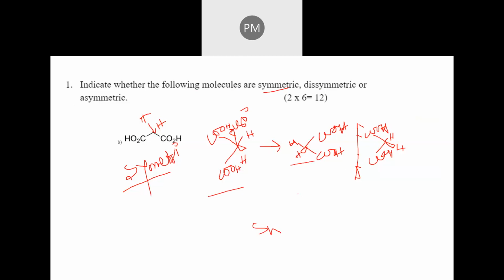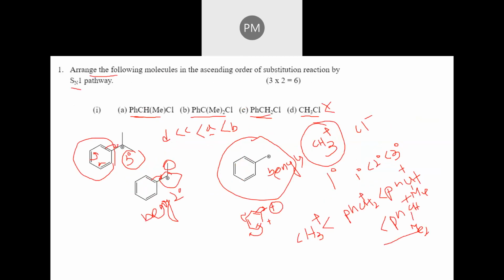After rotation and reflection, if you get the same molecule, then this is an axis of symmetry. Here, with the 180 degree rotation, this will be an S2 axis of symmetry. After rotation and reflection, we get this molecule which is similar to this molecule. So this molecule is symmetric, and symmetric molecules are not chiral.